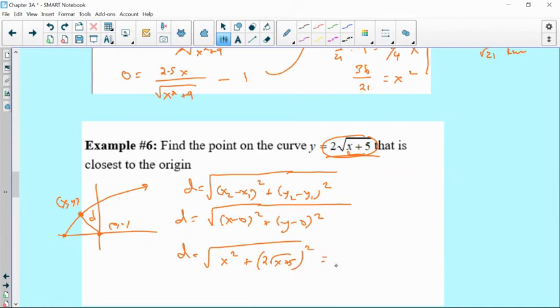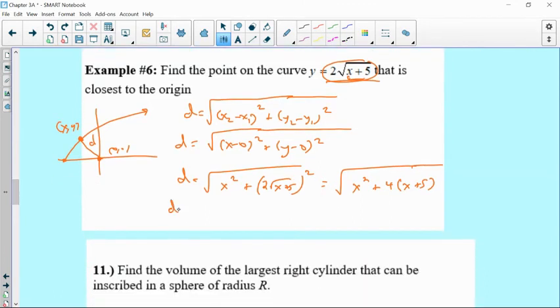And so that's equal to the square root of x squared plus, well, I can square the 2, that's 4, square the square root, so that becomes x plus 5. And then you could distribute that so that our distance is equal to the square root of x squared plus 4x plus 20.